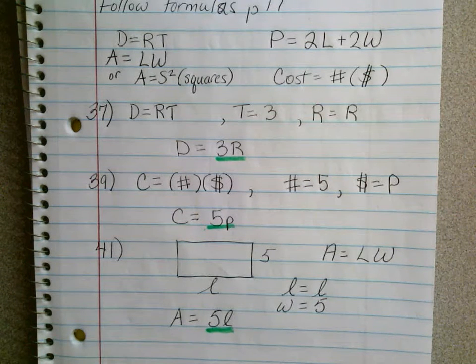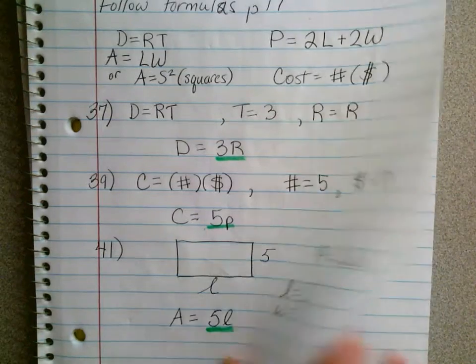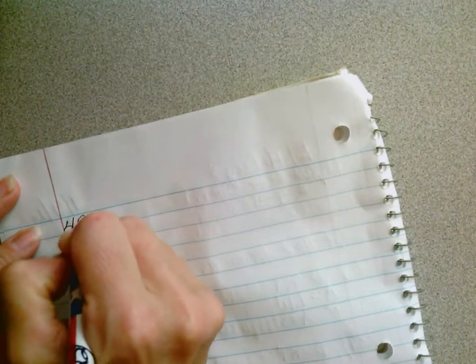All right, folks, I'm rounding the corner here at number 43, which is the top of page 18. This is the hardest one we have today. 43 says, pencils cost P cents each and notebooks cost N cents each.